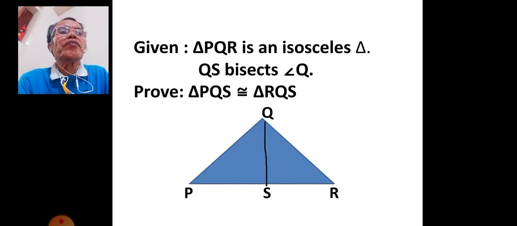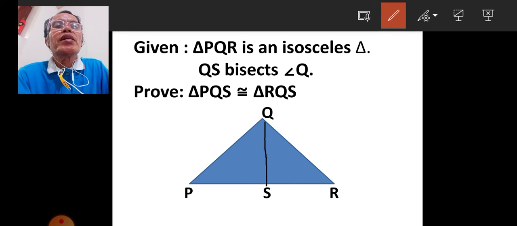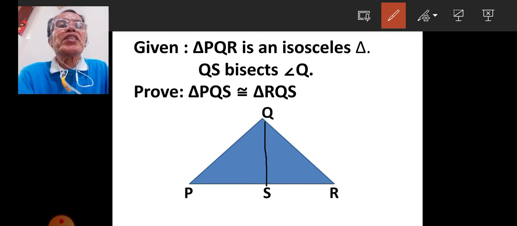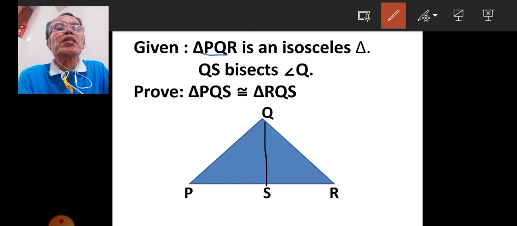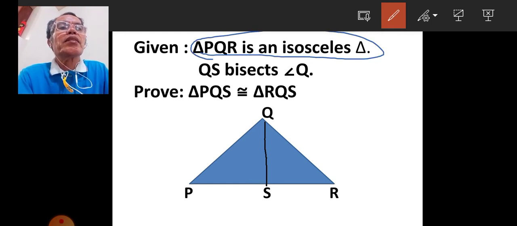So our first statement must be the one in the given. So our first statement must be triangle PQR is an isosceles triangle.